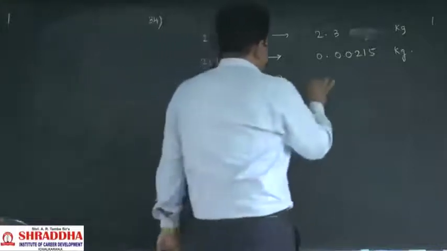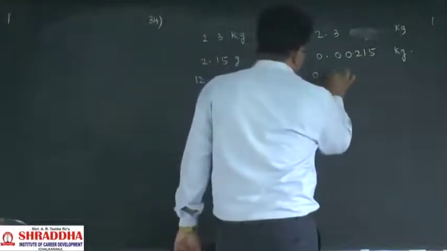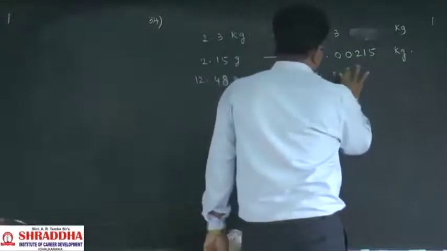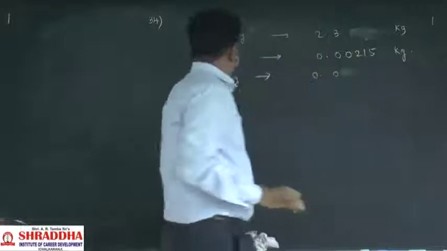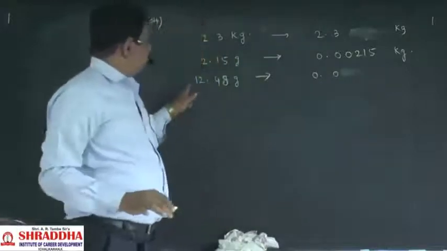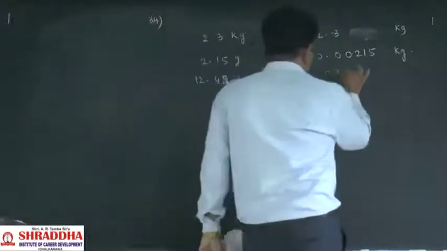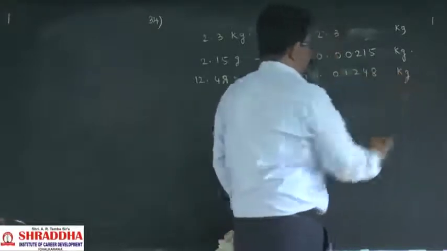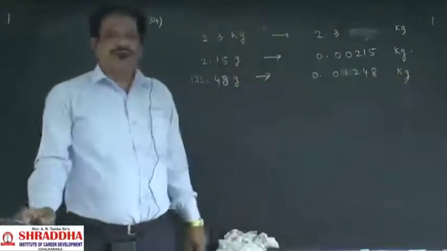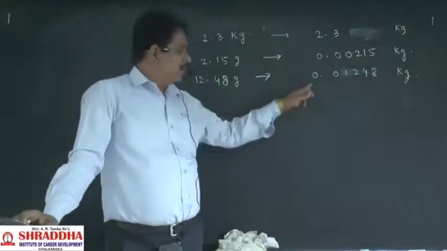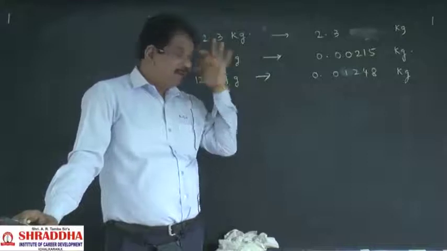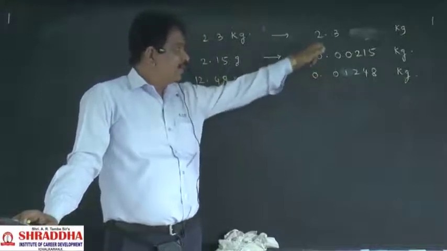So this is 0.01248 kg. This one we have to round off because it is having four significant figures.